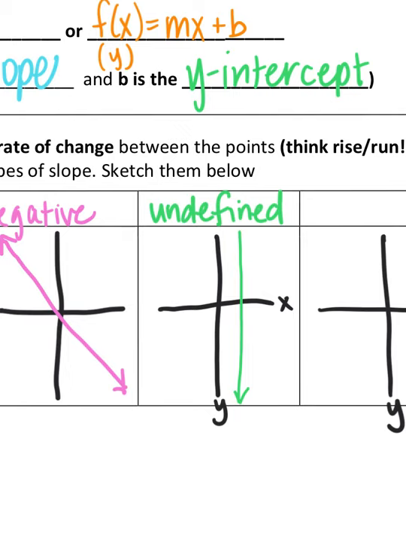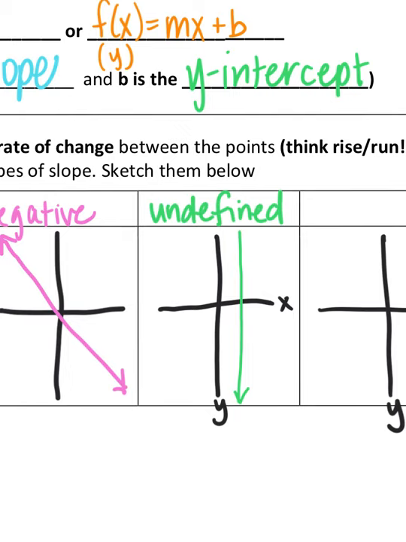So undefined are horizontal, and they go through the x-axis. Okay. And then finally we have a zero slope. A zero slope is a slope that is horizontal.